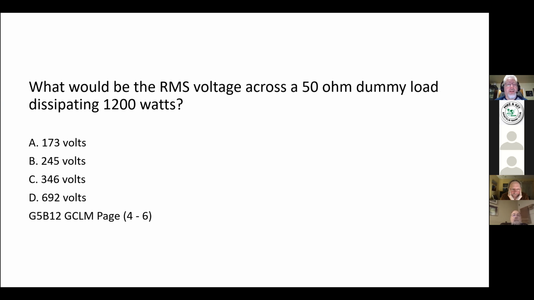What would be the RMS voltage across a 50 ohm dummy load dissipating 1,200 watts? A, 173 volts. B, 245 volts. C, 346 volts. Or D, 692 volts.